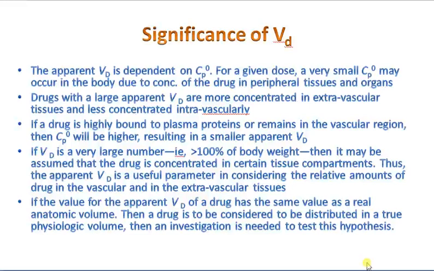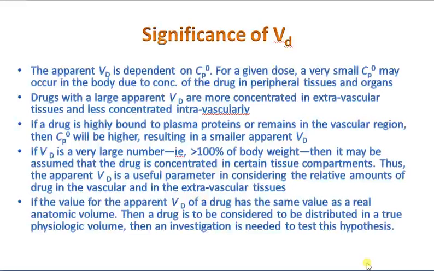If the volume of distribution is a very large number, that is, greater than 100% of body weight, then it may be assumed that the drug is concentrated in certain tissue compartments. Thus, the apparent volume is a useful parameter in considering the relative amount of drug in vascular and extravascular tissues.